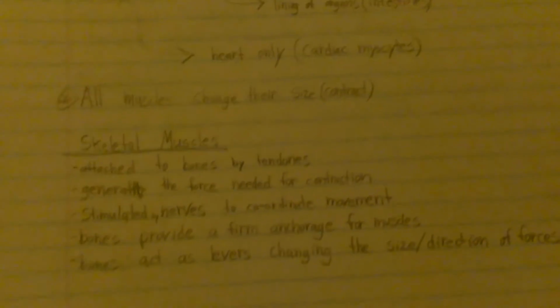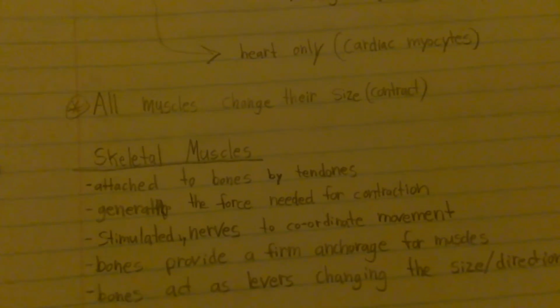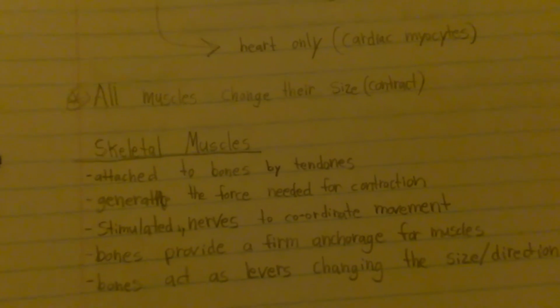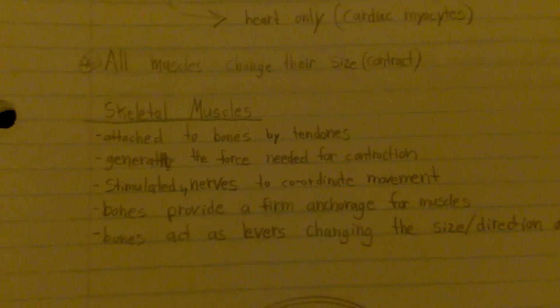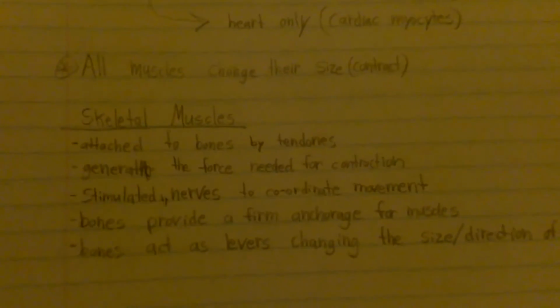They kind of help guide it. So you can see muscle movement is a very coordinated process. It involves both the musculoskeletal system, so all your muscles and bones, as well as the nervous system, because the nervous system is what coordinates your muscles and bones at the specific time. It's a combination of those 2 systems which help us move.